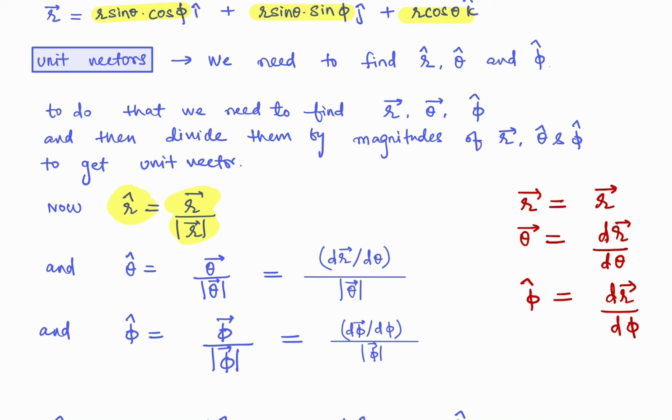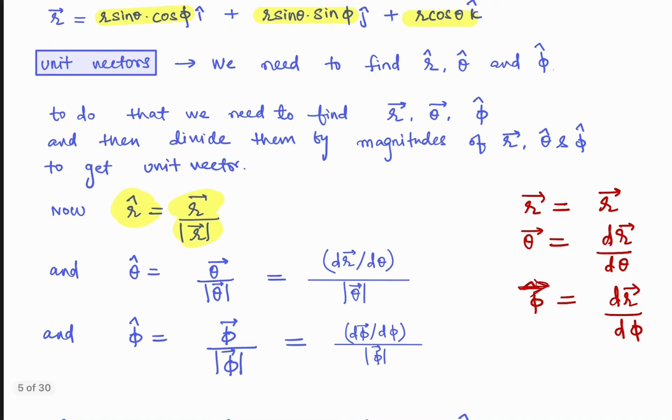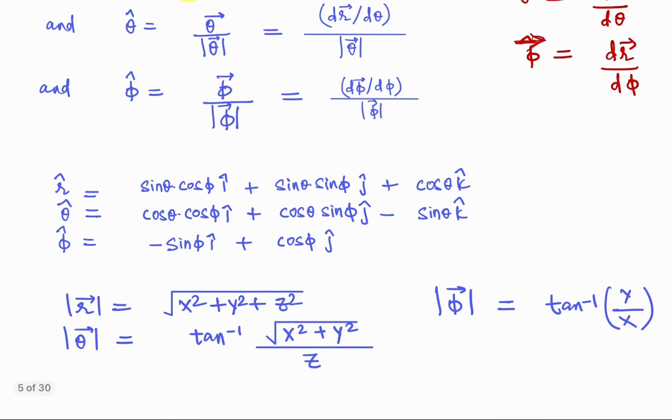For vector theta we differentiate r with respect to theta, and for vector psi we differentiate r with respect to psi. Once you find the vectors, it is easy to find the unit vectors by dividing by their magnitudes. In doing so, you will get this expression.